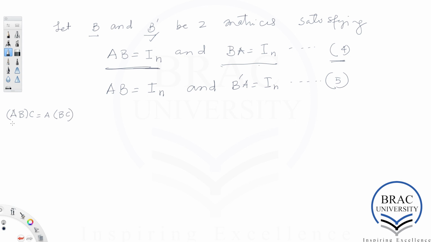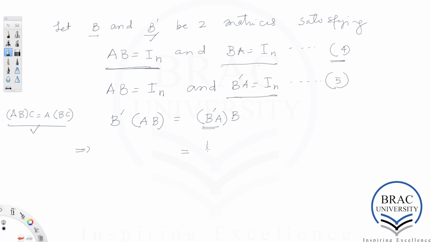So by using this associativity law, one obtains that B prime times AB is going to be equal to B prime A, and then multiply the resulting matrix with B. But B prime A is equal to what?